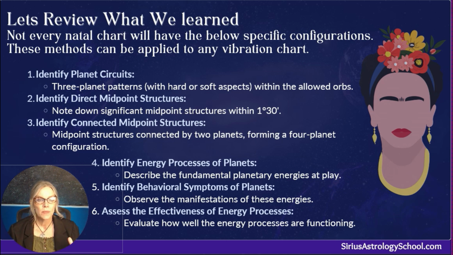The orbs would go 16 degrees for a conjunction, and then you would half it for an opposition, so that would be 8 degrees, and then you would half it for a square, and so on and so forth. So that would be how you would use the orbs instead of the 1 degree orb we were looking for in the natal chart. In the vibration charts, we would look for bigger orbs.